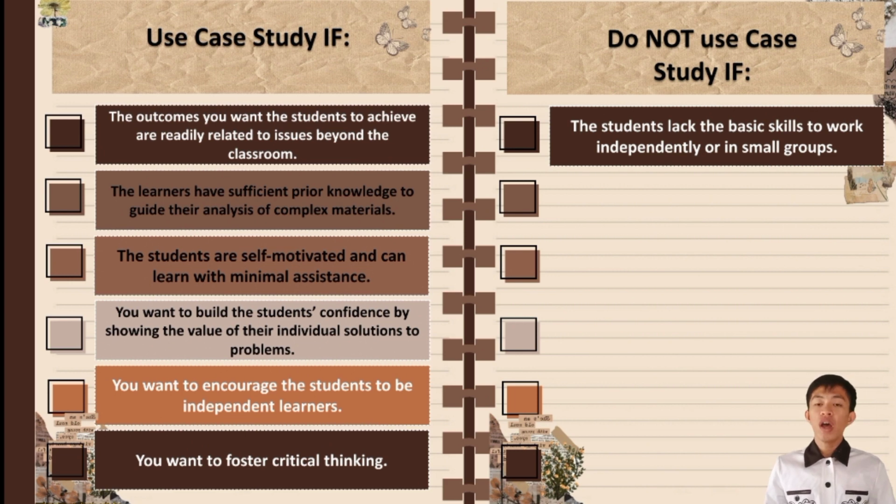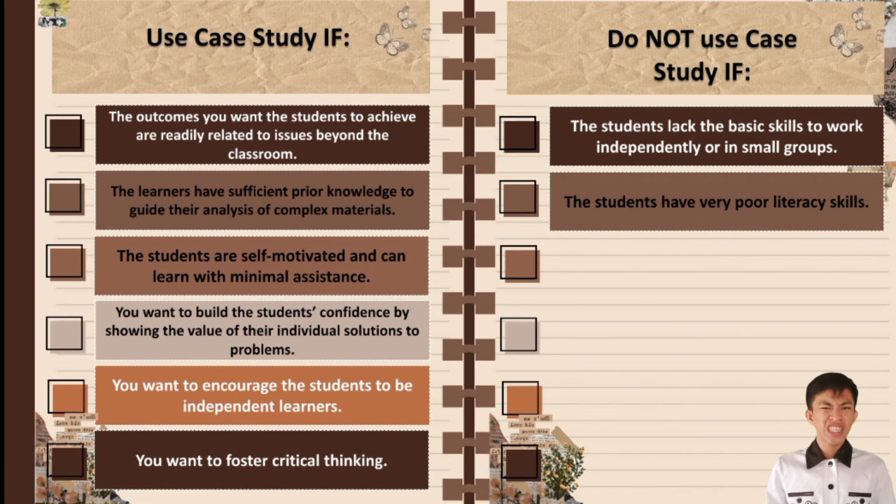Okay, 2, do not use case study if the students have very poor literacy skills. When we're talking about literacy skills, that is the ability to read and write. So when the students have very poor literacy skills, you as a teacher must not use the case method, because they cannot read properly, speak properly, or write properly. How can they accomplish the task that you are giving to them when they are not literate?